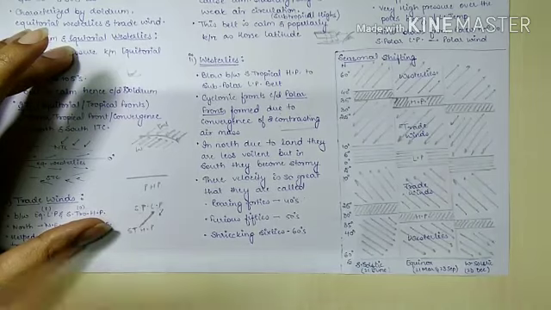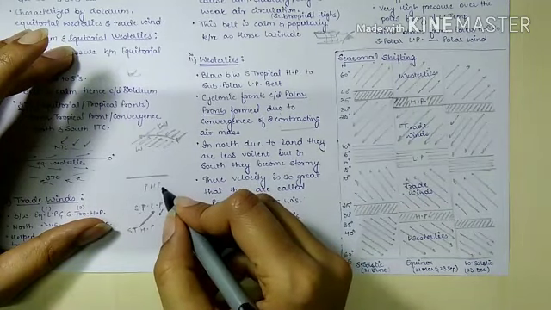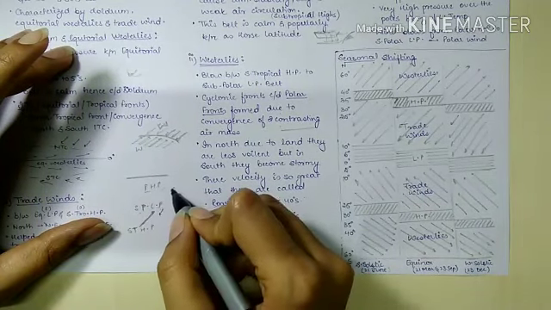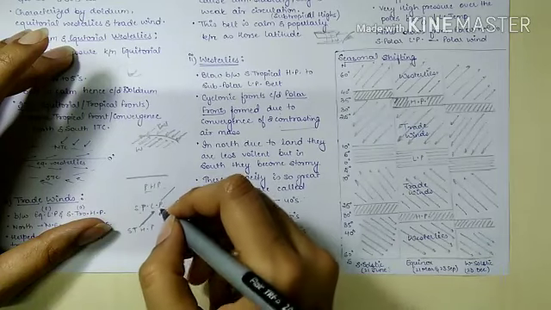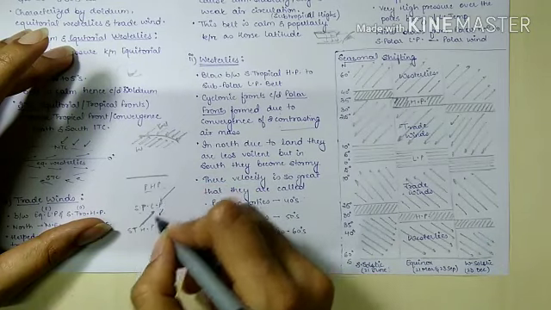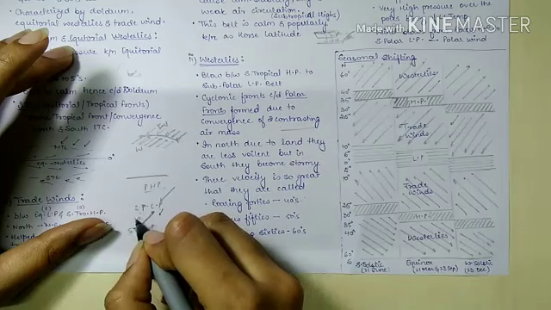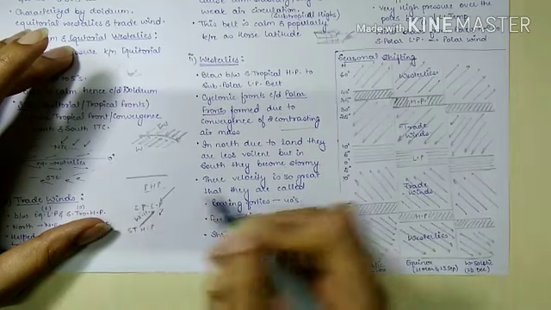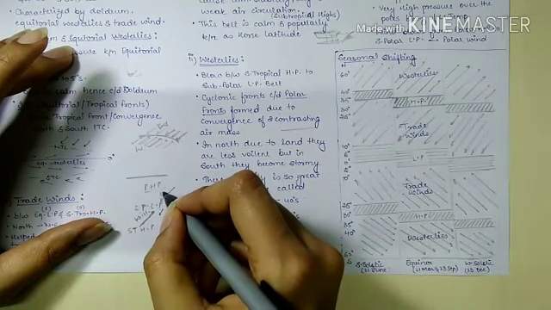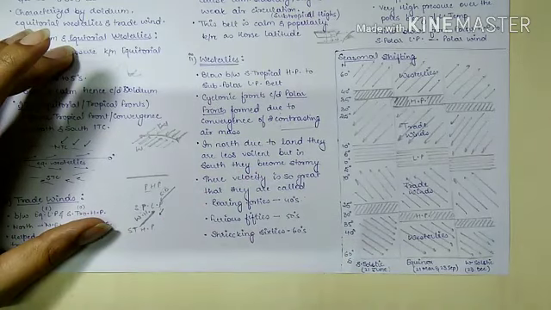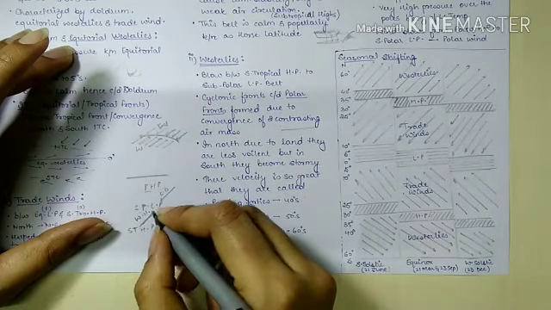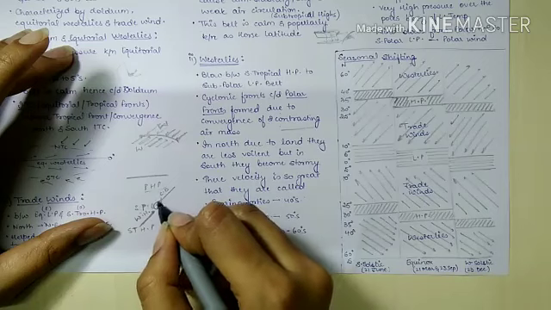And here the winds are coming from polar high pressure to subpolar low pressure. These winds are warm and humid, while these winds are cold and dry. So they have contrasting characteristics, and they converge in this area.